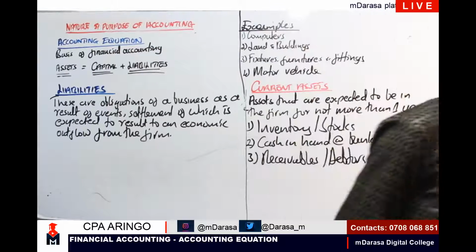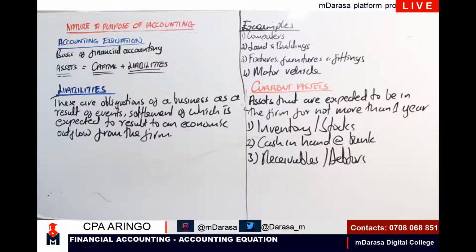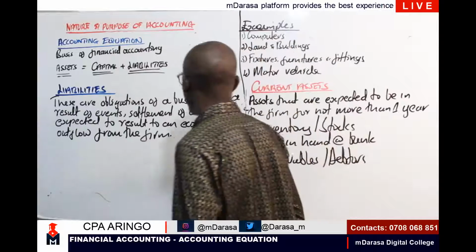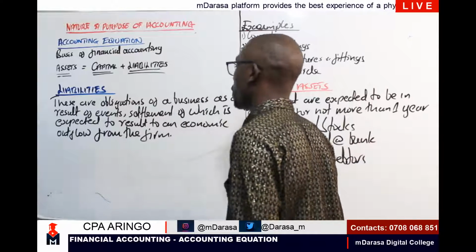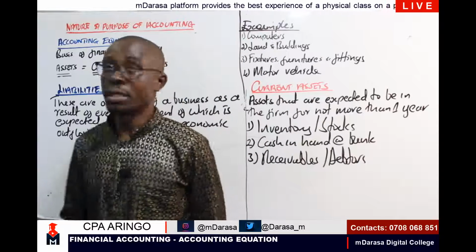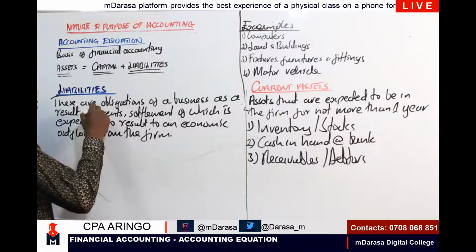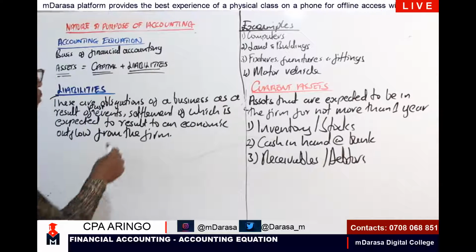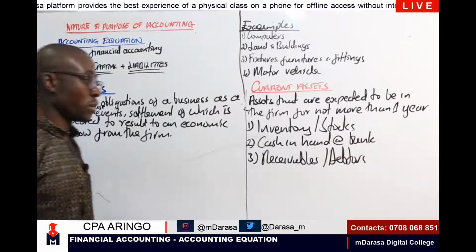So look at it in this case. At this point you've taken a loan, which is a result of a past event. I've taken my loan, but I'm going to pay this loan, of course, in future.